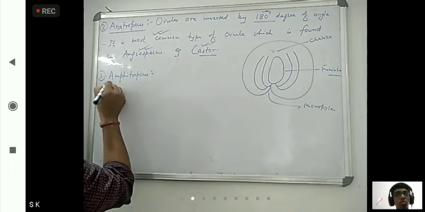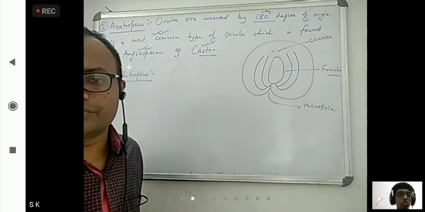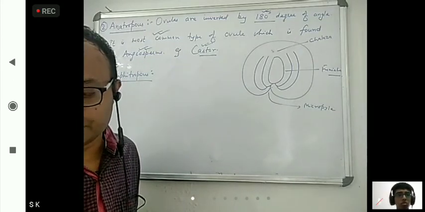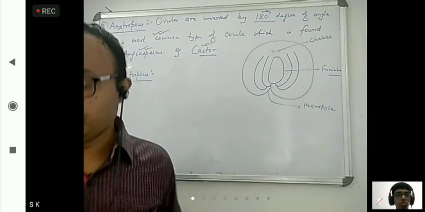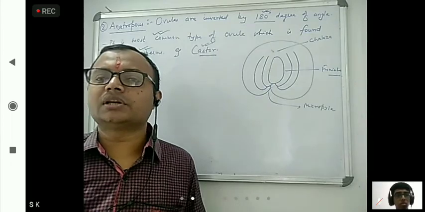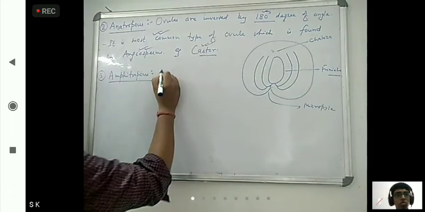Okay, now here this is very important because here one specific structure is formed. Okay, in amphitropous specific structure is formed. What happens? Embryo sac become curved and looks like a horseshoe shape. Okay, here what happened?